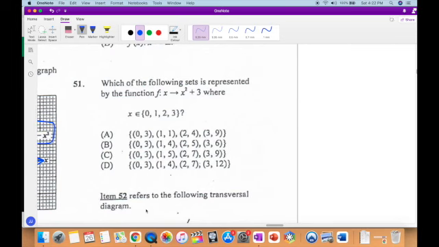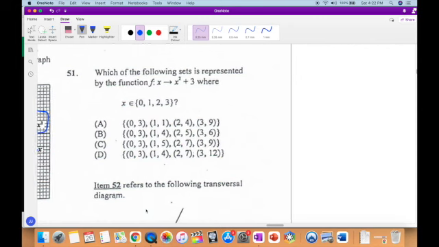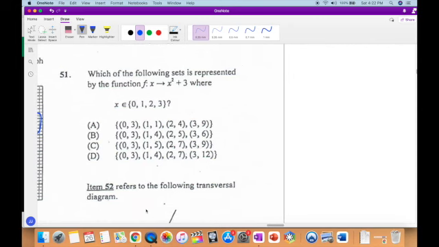Which of the following sets is represented by that function, where x is an element of 0, 1, 2, and 3. So they're giving you what x is. x is 0, 1, 2, and 3, right? So when x is 0, the y, because remember f of x is just a fancy way of saying y, will be 3.